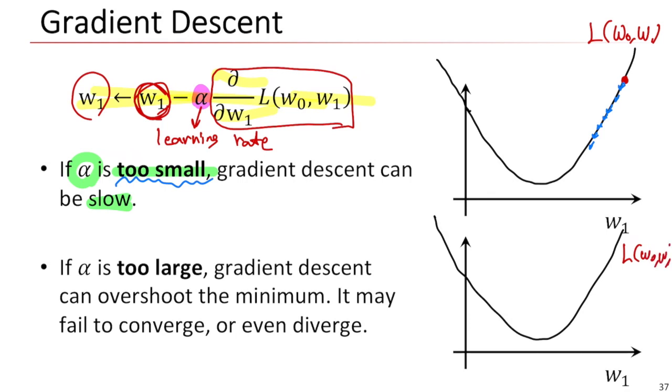What about the alpha? Let's say this is just alpha, right? What if the alpha is too large? What if alpha is too large? And we start from here. In this case, okay, let's think like that.